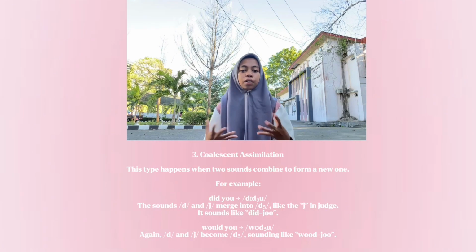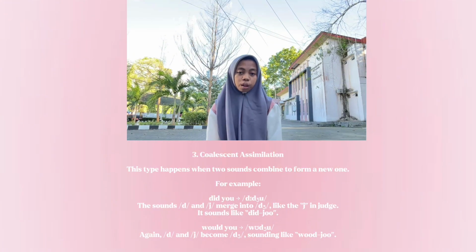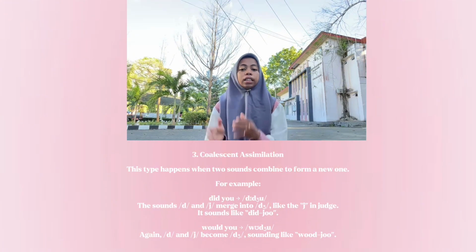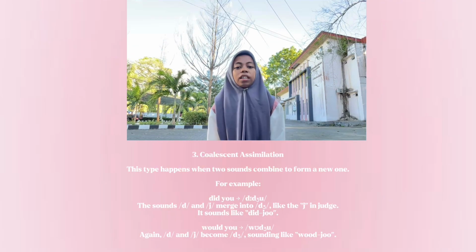The second example is would you, again D and J become ch. So this type is very common in natural spoken English, and in short, assimilation makes our speech faster and easier to pronounce.